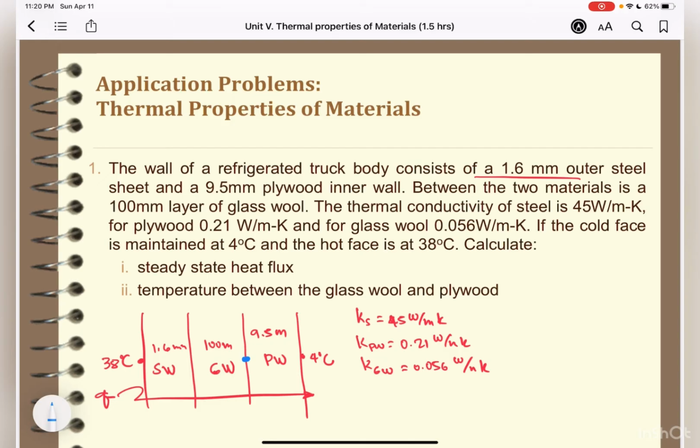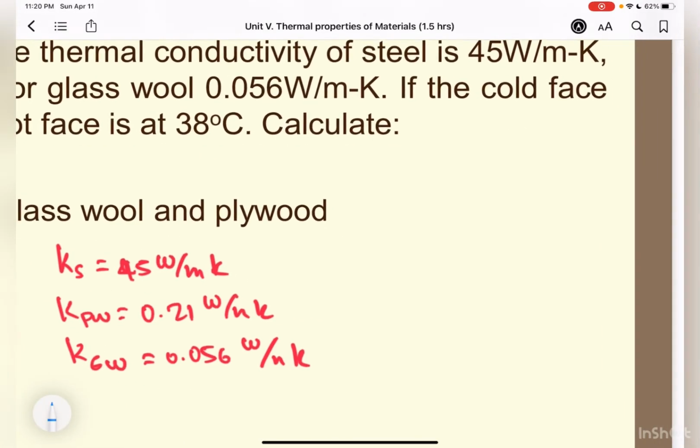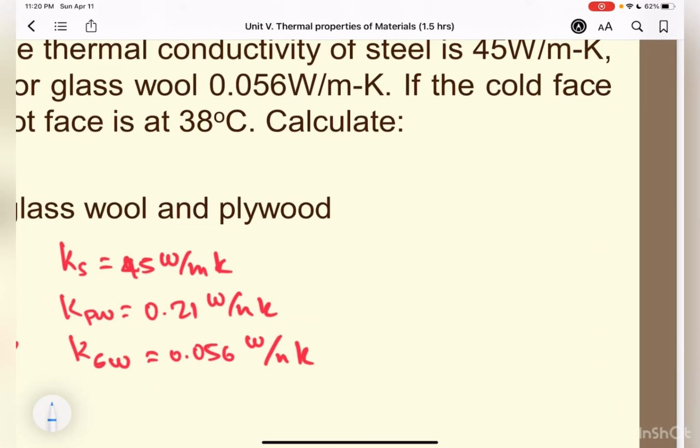Okay? Now, let's have a basis, say, for example, because we do not know the area of the refrigerated truck. You have here, the basis is a 1 meter squared area.